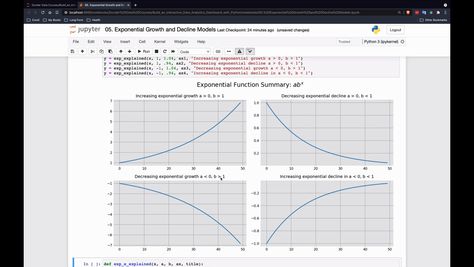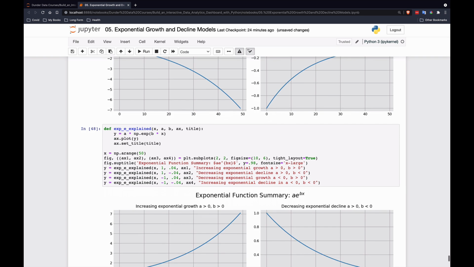Decreasing exponential growth, we didn't cover this one. So A is less than 0, and B is greater than 1. So this is going to go off to negative infinity. So it's just the inverse of this one over here. And then increasing exponential decline, which is the one that we used here to model the tail of the coronavirus curves. That's when A is less than 0 and B is less than 1.